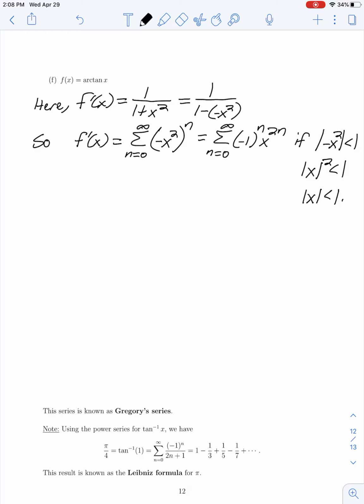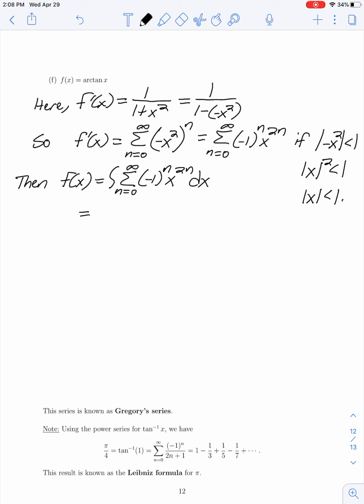So in order to get a power series expression for arctangent of x, well, we have a power series for its derivative. So to get back to the original function, f of x, I would then need to integrate what I just found for f prime. That is the sum from 0 to infinity of negative 1 to the n times x to the 2n with respect to x.